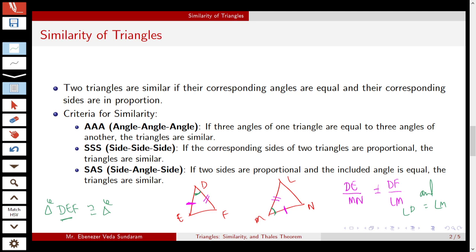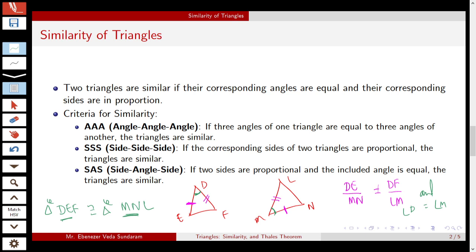So I'll start with MN. The other letter is going to be L. Now DE corresponds to MN, and DF should also be in proportion to LM according to the criterion given.